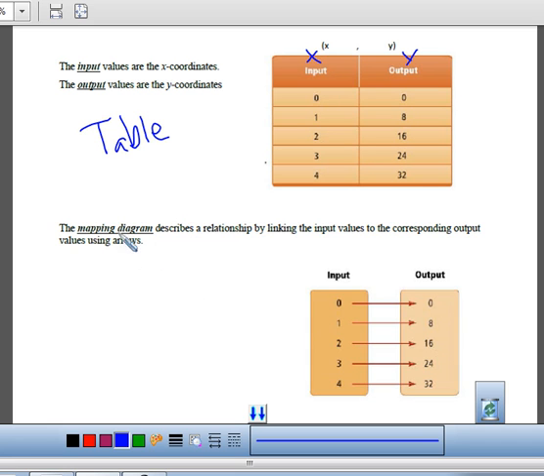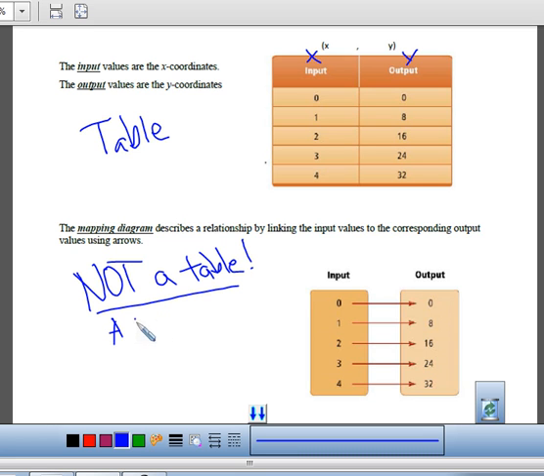Alright, below that we have what's called a mapping diagram. This is not a table. It looks kind of like a table, and sometimes we get the values from a table, but it's not a table. Basically it's a list of values connected with arrows.